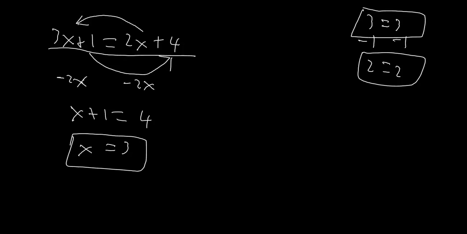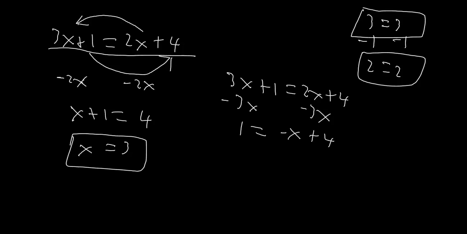And just to show you that you can solve this equation in different ways, I'll rewrite it again. You can also do 3x minus on both sides, like this, right? And you get 1 is equal to negative x plus 4.